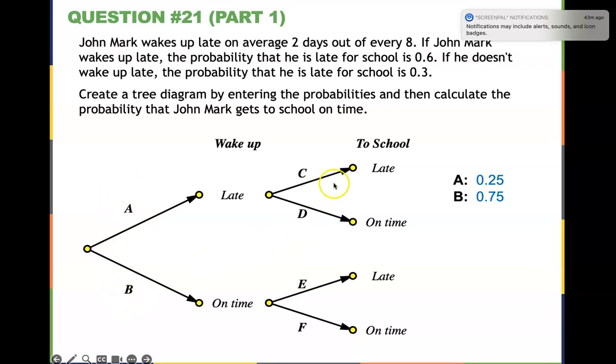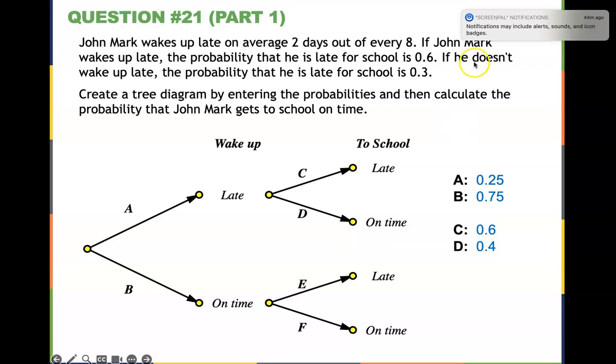Next, for C and D, we want to look at the second sentence. If John Mark wakes up late, this scenario right here, we're looking at C and D, the probability that he is late for school is 0.6. So that means that the C value is 0.6, but the remainder of that, the 0.4, would apply to on time.